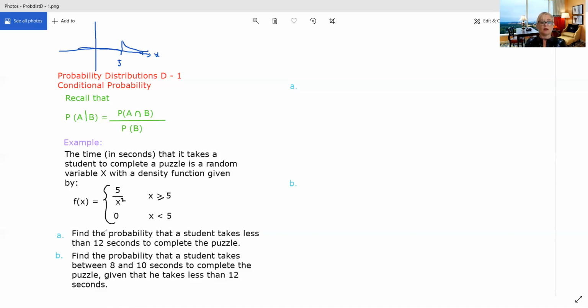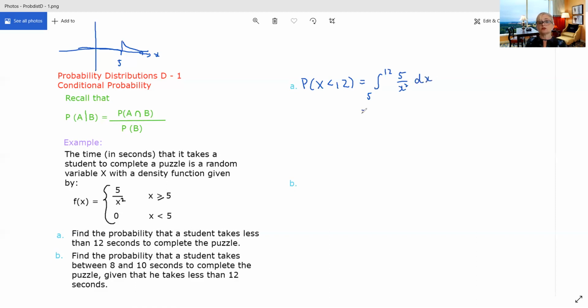Okay. For part A, we're asked to find the probability that a student takes less than 12 seconds to complete this puzzle. So probability X less than 12. Now in reality, what we're needing to work out is the probability between 5 and 12, or the definite integral between 5 and 12 of this function.